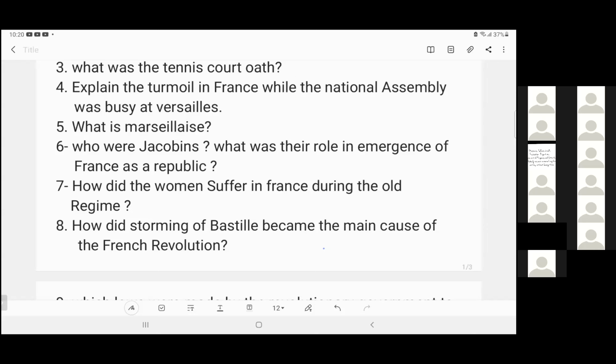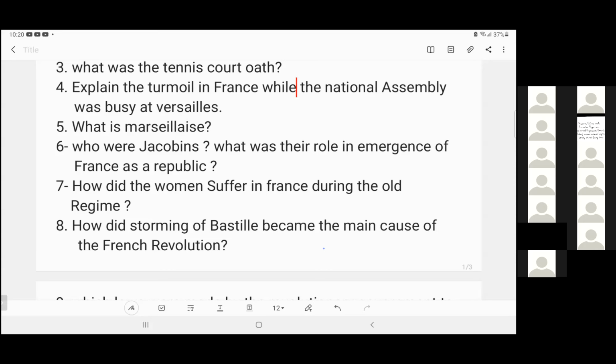Ma'am, while the National Assembly was busy at Versailles drafting a constitution, the rest of France was seized with turmoil. A severe winter had meant a bad harvest. The price of bread also rose. Often bakers exploited the situation and hoarded supplies.